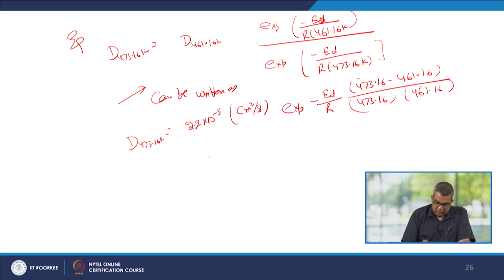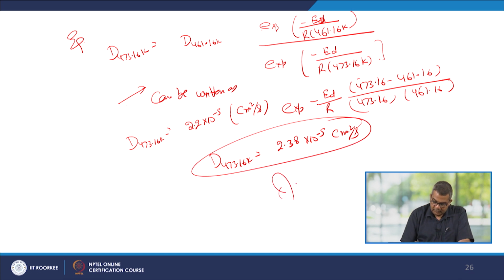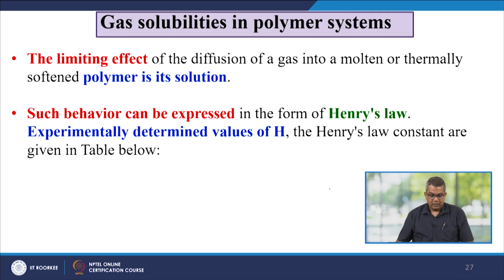So if we solve, then D at 473.16 Kelvin is equal to 2.38 into 10 to the power minus 5 centimeter square per second, and this is our answer.